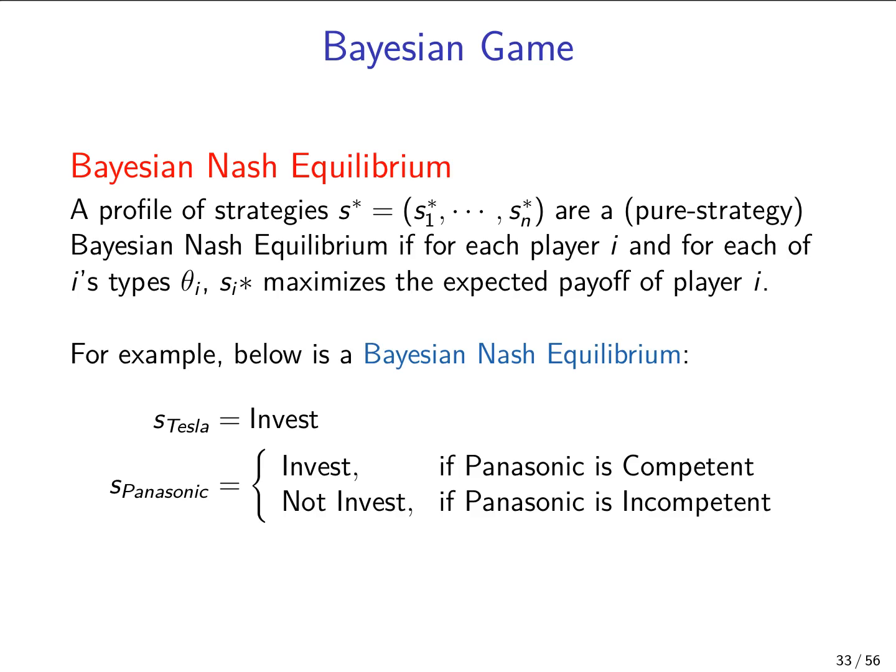Well, we solve it by looking at Bayesian Nash equilibrium, which is just a profile of strategies, s star, which is in this case s star of Tesla and s star of Panasonic, if for each player i and for each type theta_i of player i, the strategy maximizes the expected payoff of player i.